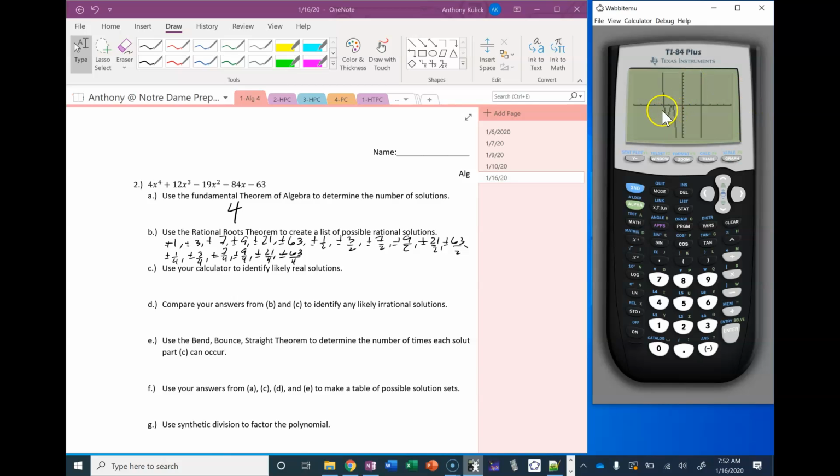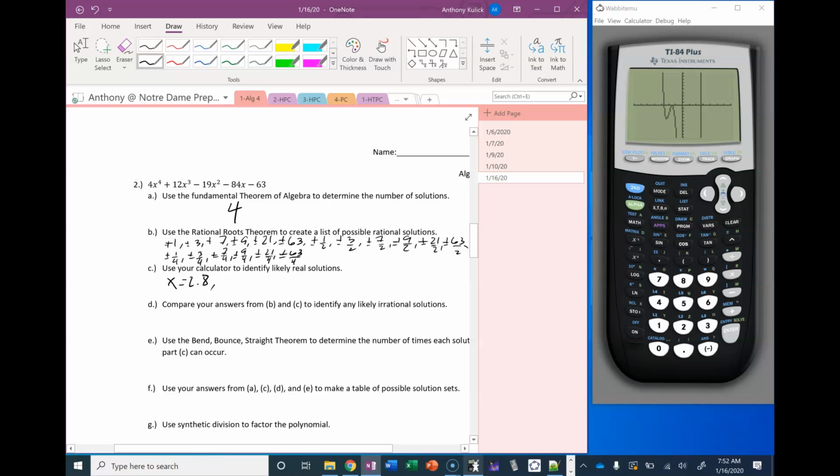So let's look at what those x-intercepts are. So here's positive 1, positive 2, positive 3. This one happens a little bit before that, so maybe I'll call that like 2.8 or something. You just have to estimate though.